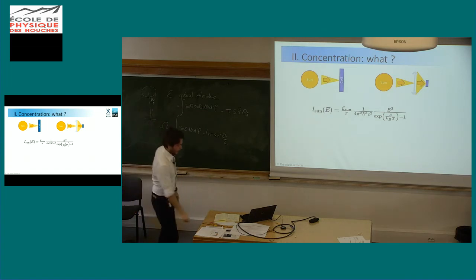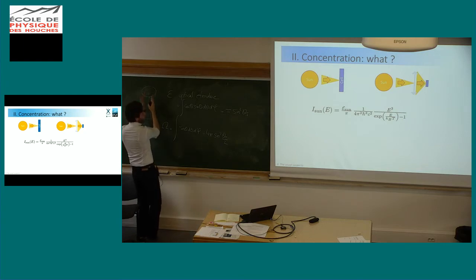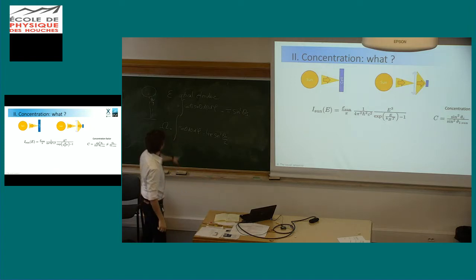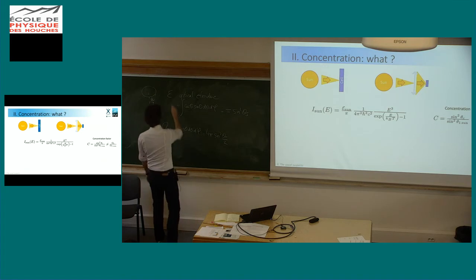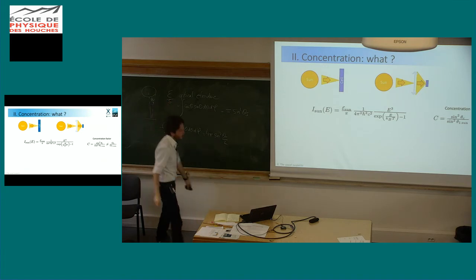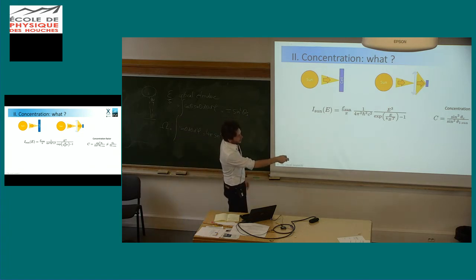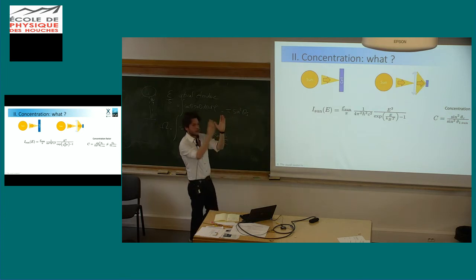Now, if you work at low concentration, so this angle here is small, what I will call the concentration factor is the ratio between, sorry, I just put here for clarity, to be entirely rigorous, and I can discuss this afterwards, the concentration factor is the ratio between this quantity when you concentrate and this quantity under one sun.